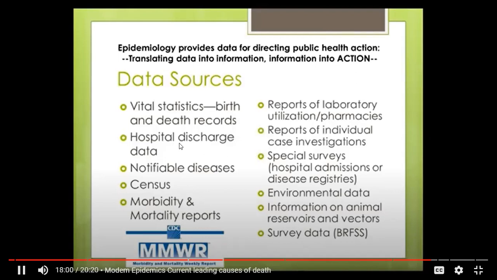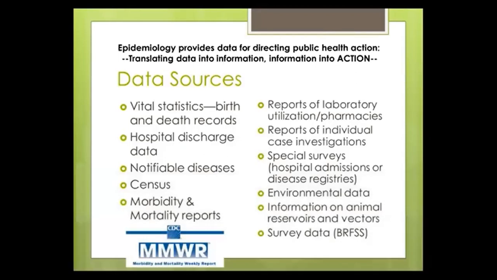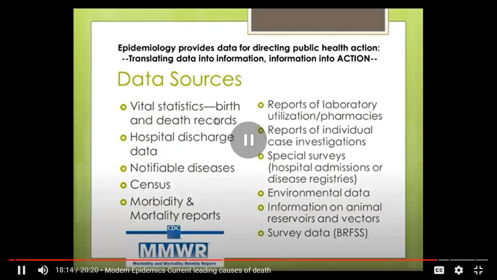Track morbidity and mortality reports, and the CDC publishes a weekly report called the MMWR, the Morbidity and Mortality Weekly Report. And you can see the other ways that we get our data. Okay, sometimes if anybody asks you what are the primary data and what are the secondary data, right?